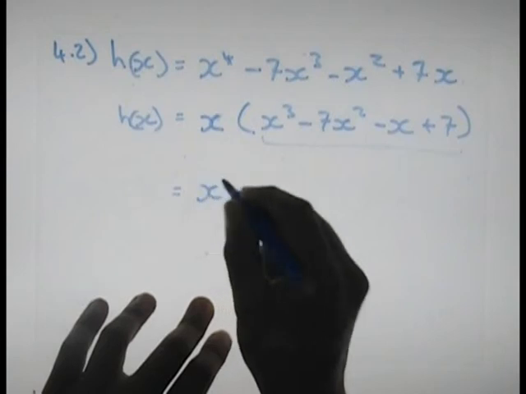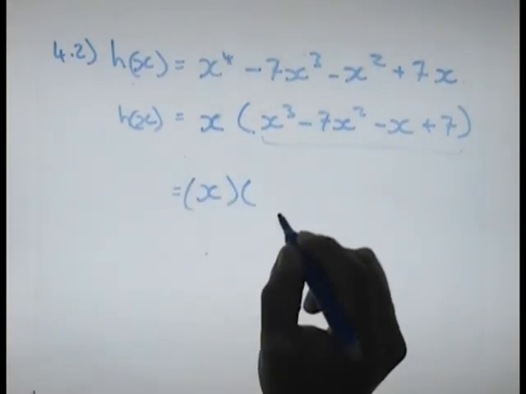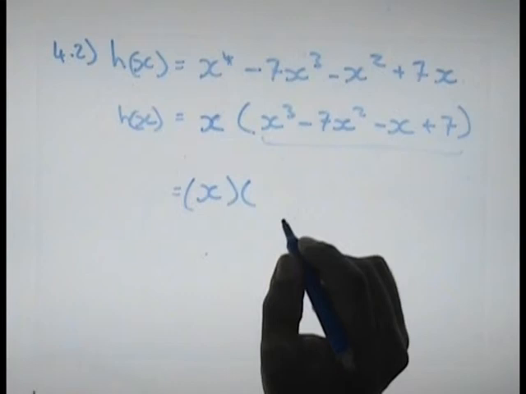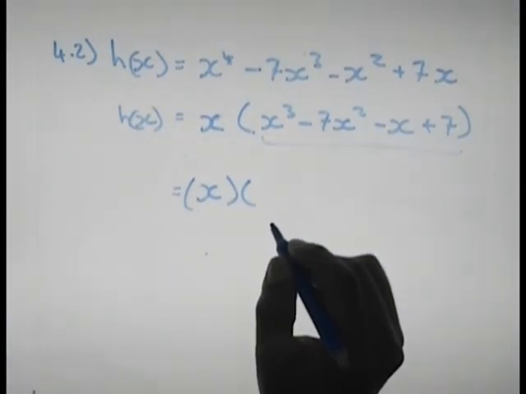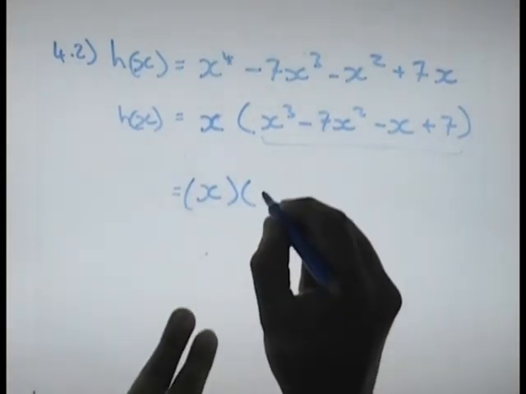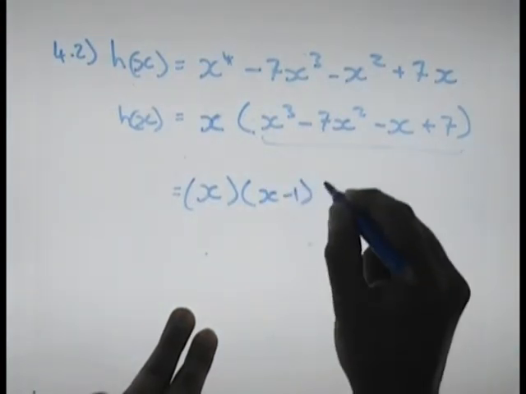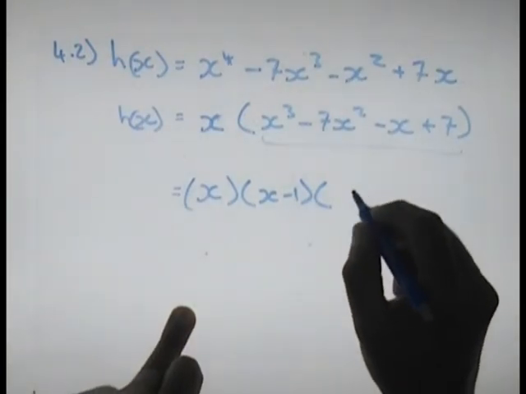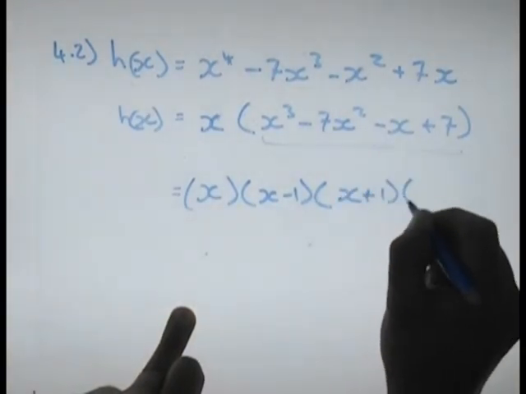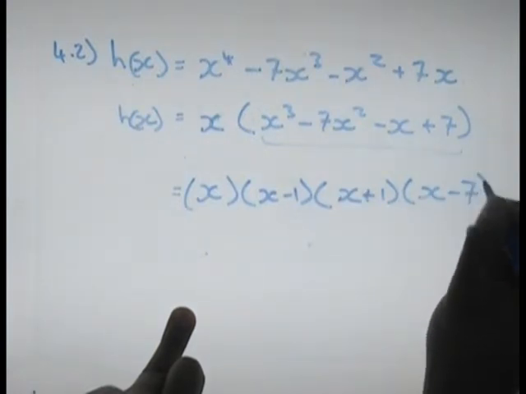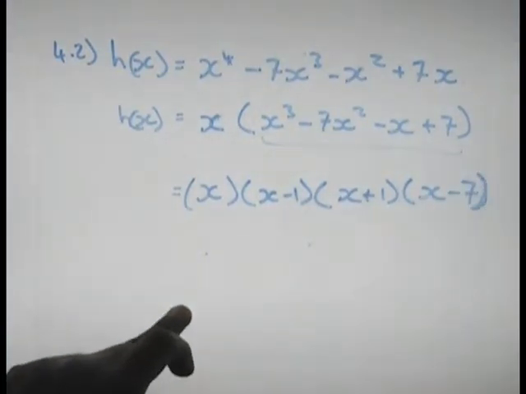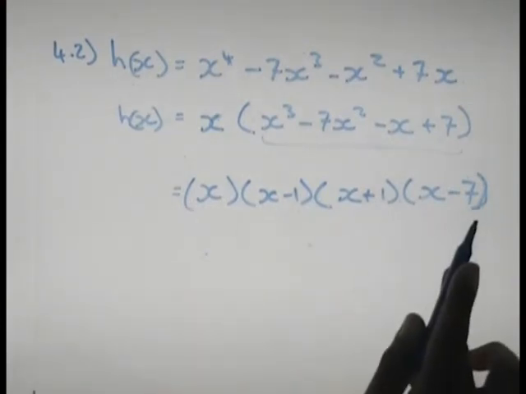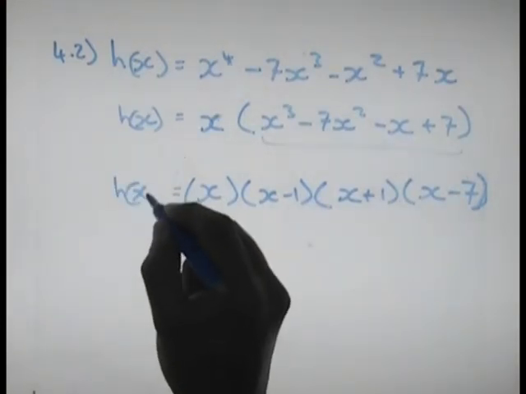Once I got my one factor, which in number 4.2's case works out to be x minus 1, I can then factorize it into that to get an answer of x minus 1 multiplied by x plus 1 multiplied by x minus 7. These are my factors of h of x.